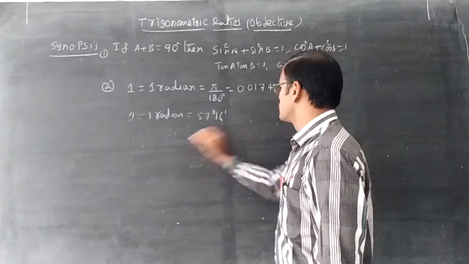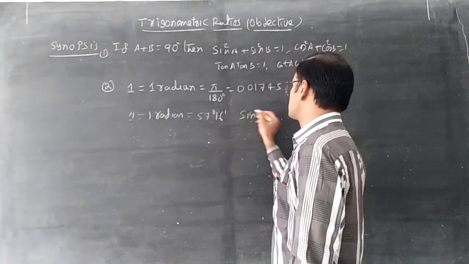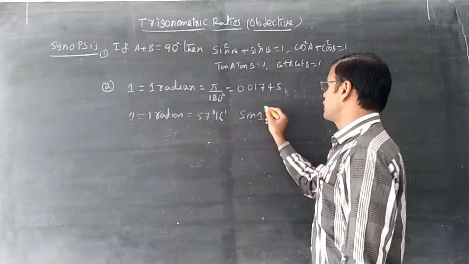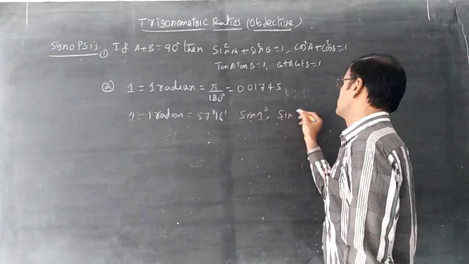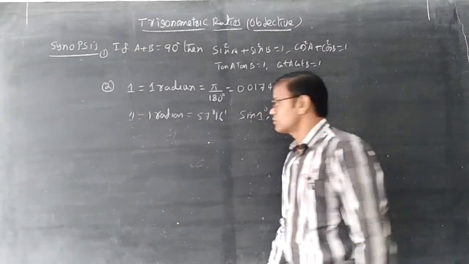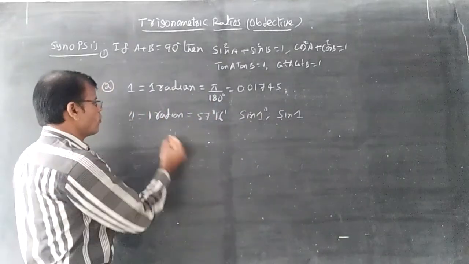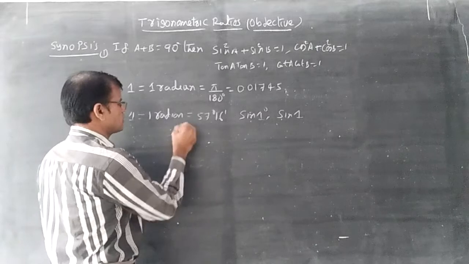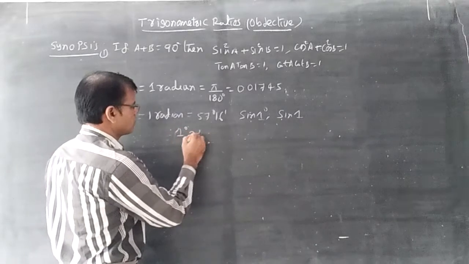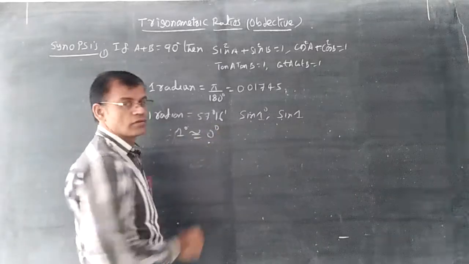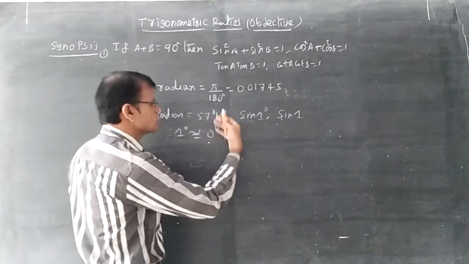For example, sine 1 degree and sine 1, they will ask which is greater. What is the greater value among sine 1 and sine 1 degree? 1 degree is approximately equal to 0, so you can understand it is 0 point something.